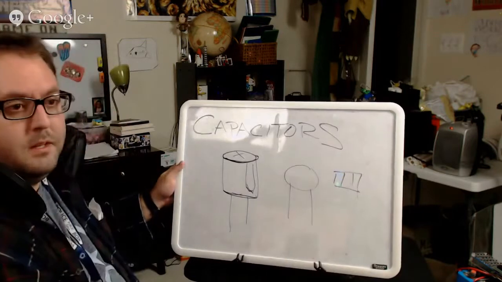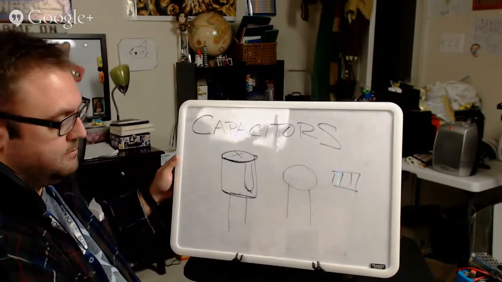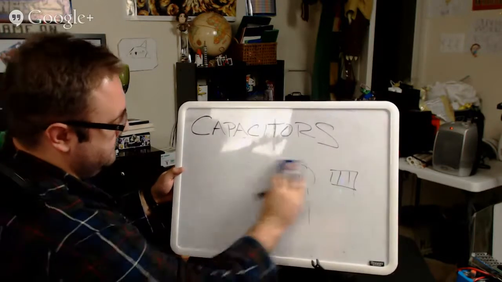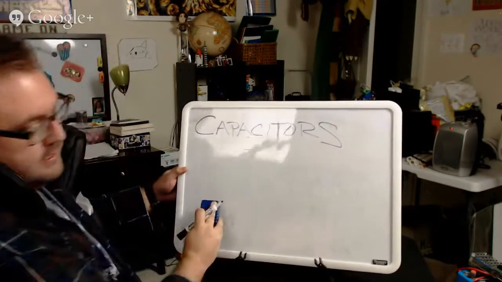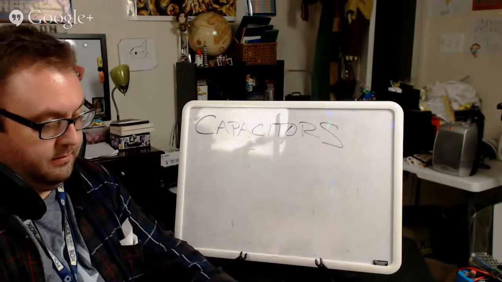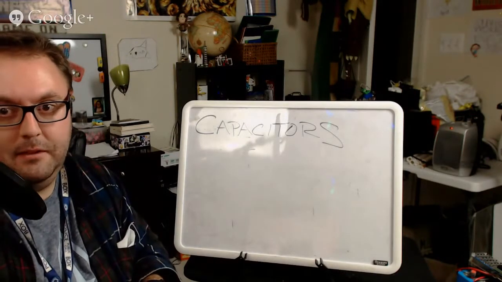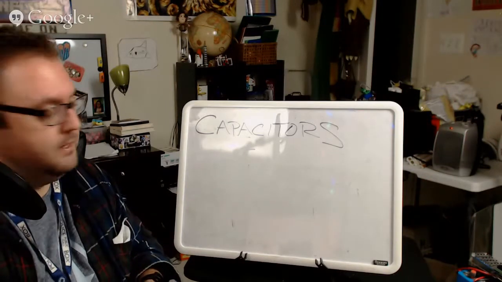This tiny capacitor. So what is a capacitor, and what's capacitance? Capacitance is the ability of any device, any component, to store energy in the form of an electric field.